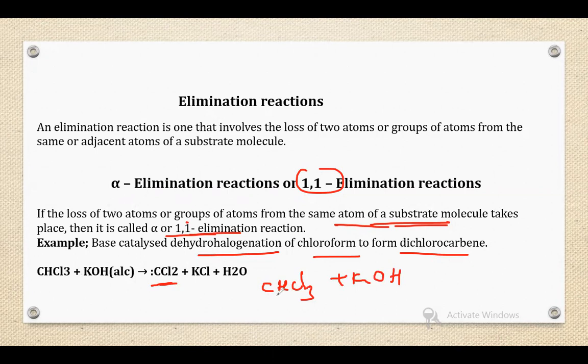The carbon has one hydrogen and three chlorines, and elimination takes place from it. 1,1 means one hydrogen and one chlorine from this carbon get eliminated. The carbon has CCl3 and one hydrogen, so it is the alpha carbon. This is dehydrohalogenation: a hydrogen and a halogen get eliminated.